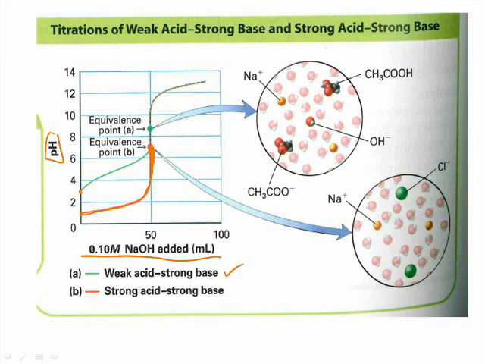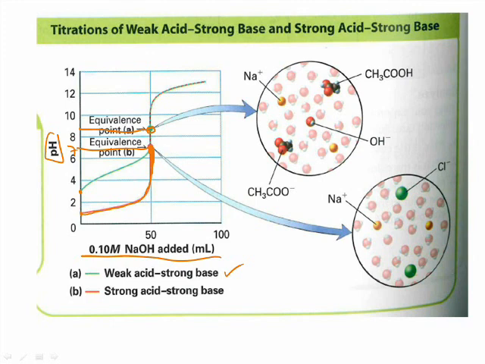With a strong acid and strong base we have a pH of 7. But with a weak acid and a strong base, at the equivalence point, where the moles of hydroxide and hydrogen ions equal each other, we get a higher pH, about 8.7 or so.